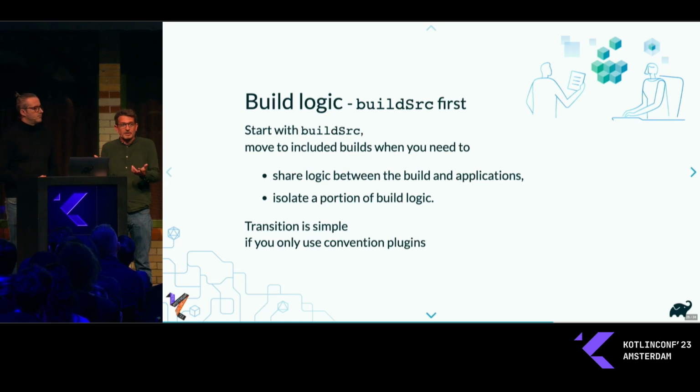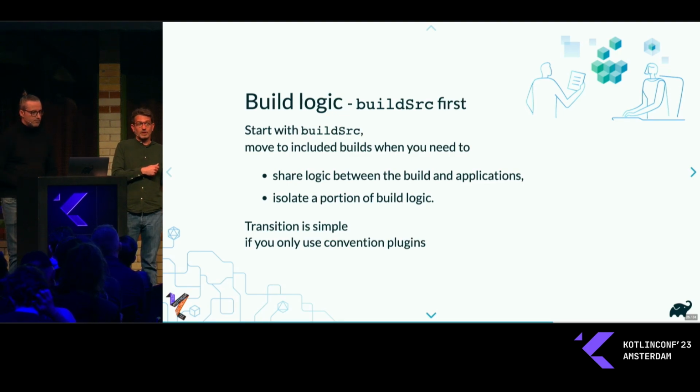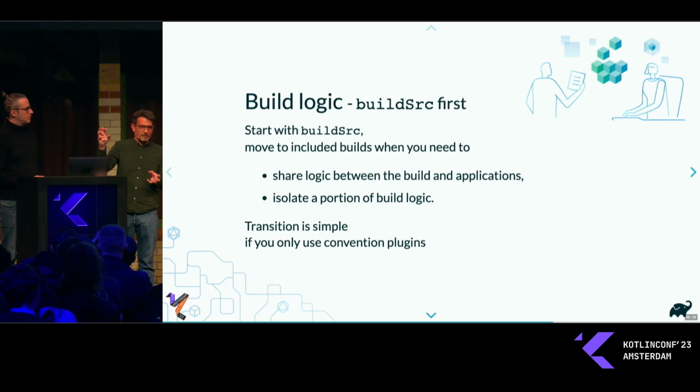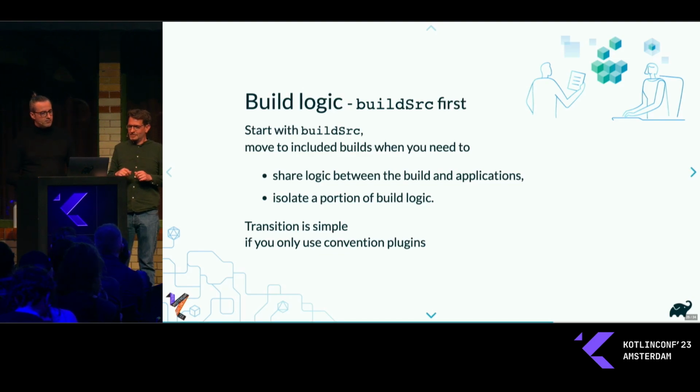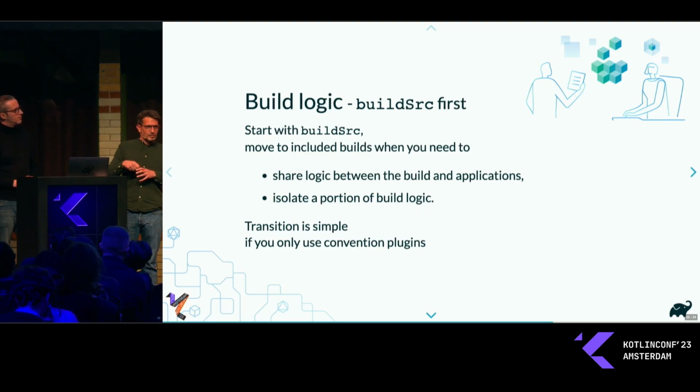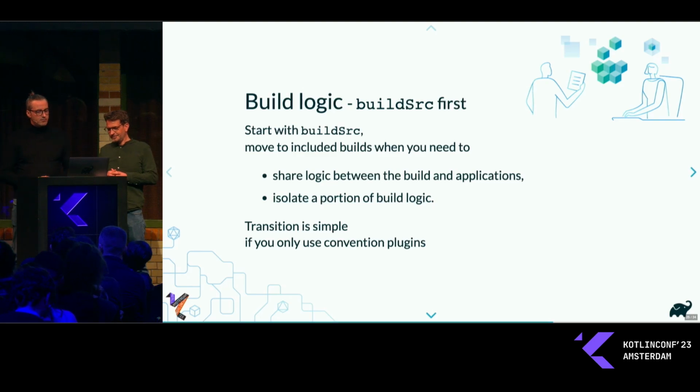An example of a requirement for using an included build is exactly what we are doing here, reusing code that is shared between the app and the build. Then we need to cut things apart, and have the domain library in its own build so we can reuse it from both.